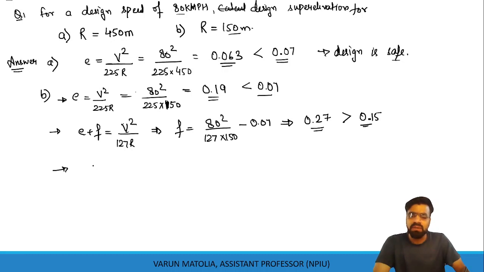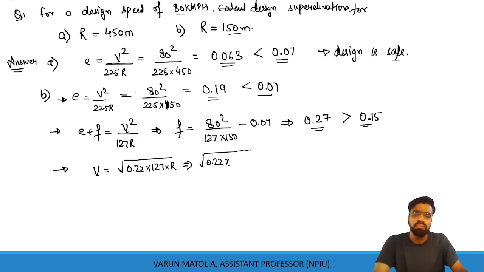Third step says calculate the value of V. So velocity equals under root of this value 0.22 multiplied by the denominator of this V, that was 127 into R. Now calculate using the value of radius as 150, 0.22 multiplied by 127 multiplied by 150.